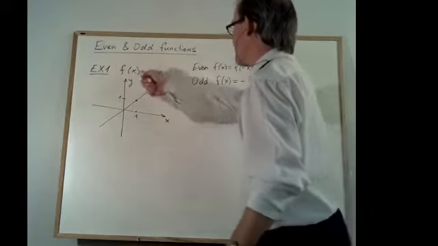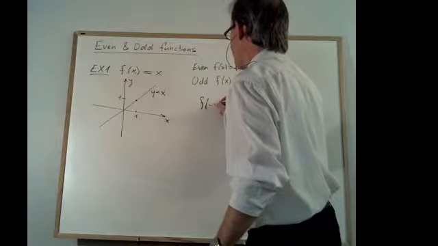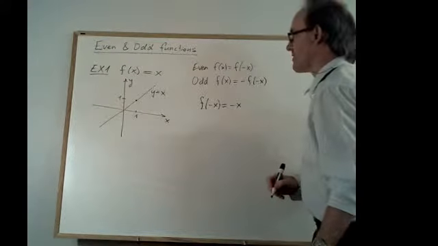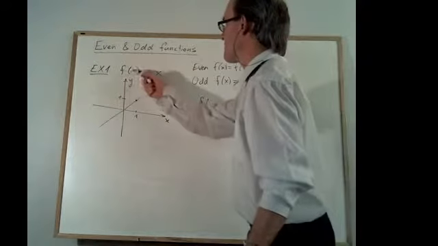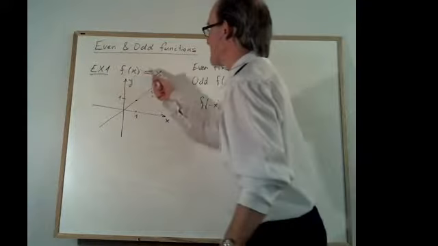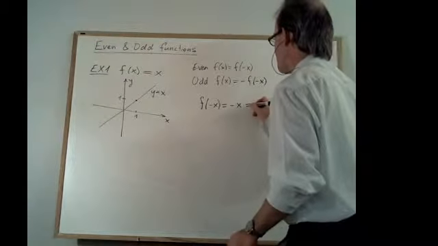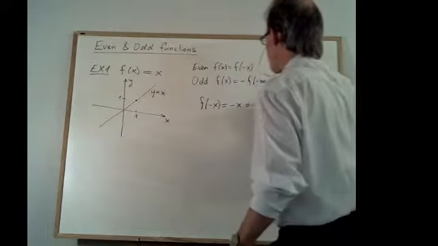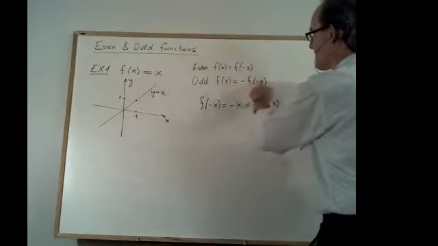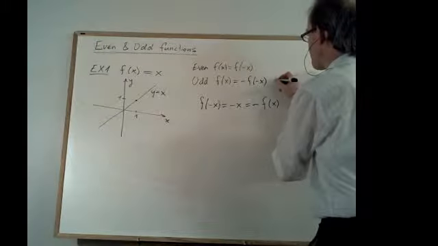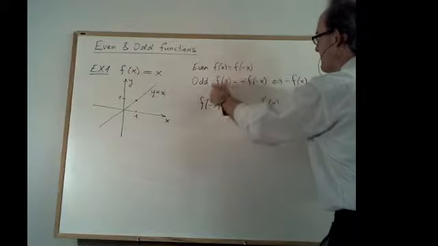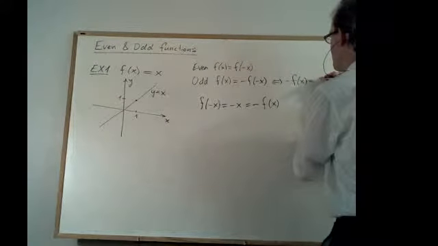Okay, so if we plug minus x into this expression, then we get minus x, right? Just replacing x by minus x everywhere. And that's equal to the original function with a minus sign in front. So we get this formula, which is equivalent to this one. So this can be written either way. The minus sign outside over here or outside over here.